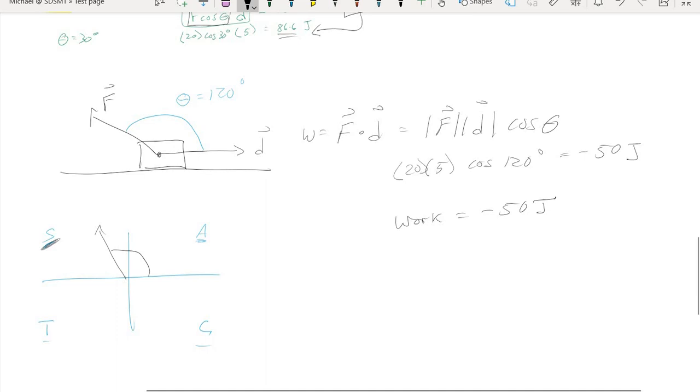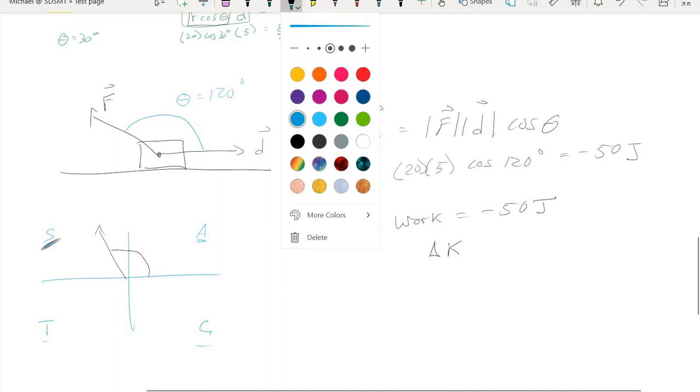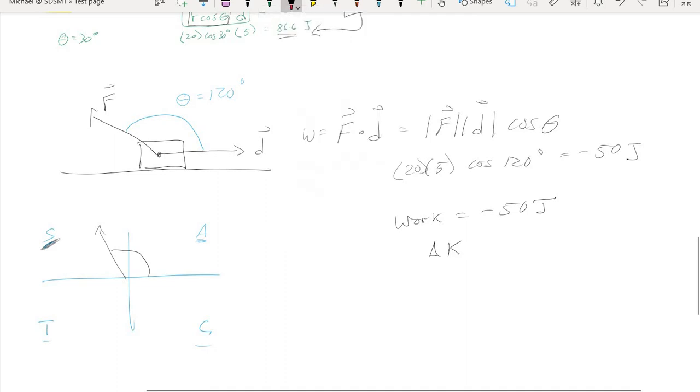What energy are we talking about? Well, so far we only have kinetic energy, and kinetic energy is the energy that is associated with the motion of this object. Let's take a look at the components of this force and see if we can figure out why we're getting a negative work.